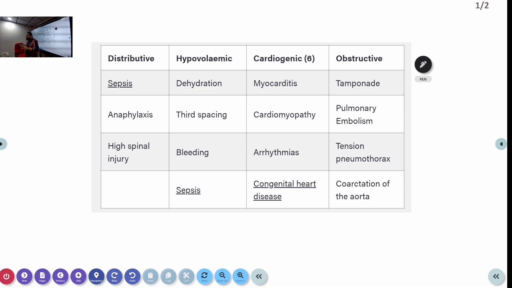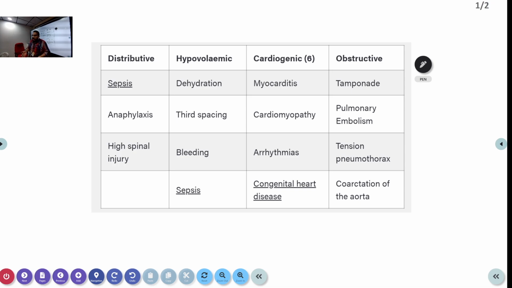Again, when does a patient have hypotension? When the compensatory mechanism fails. In all these shocks you can have compensated shock as well as hypotensive shock. Yesterday we said that in hypovolemic shock, when the patient has hypotension along with dehydration, we call it hypotensive shock.